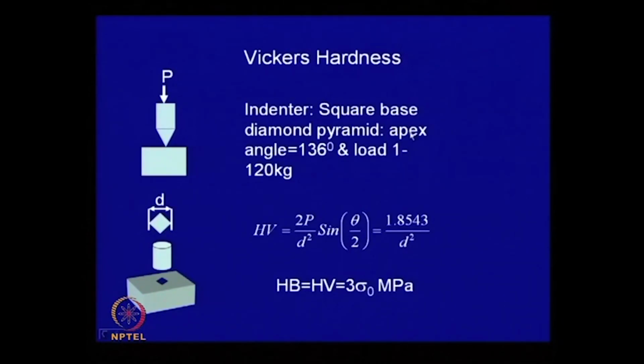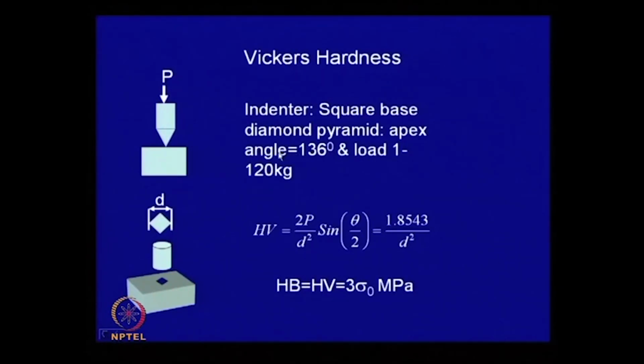Now, Vickers hardness measurement principle is also exactly similar to that of Brinell, only difference is the type of indenter. It is a diamond cone with a square base pyramid. So, base of the square is something like this, and the angle is very specific.